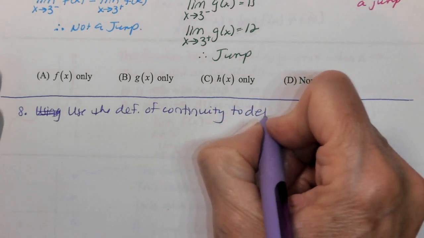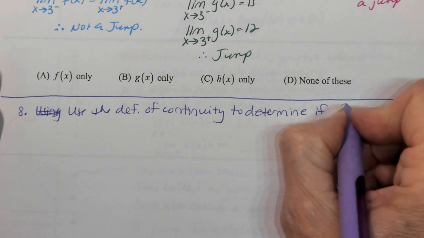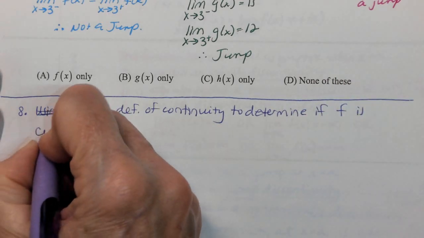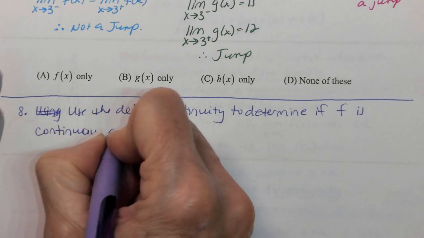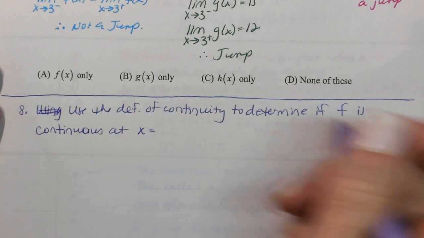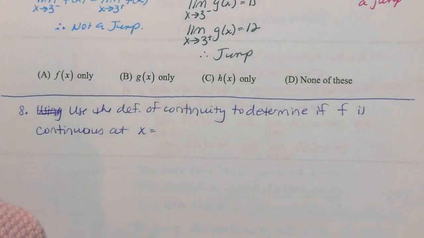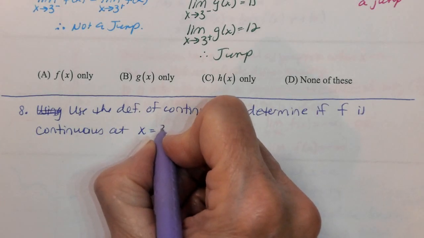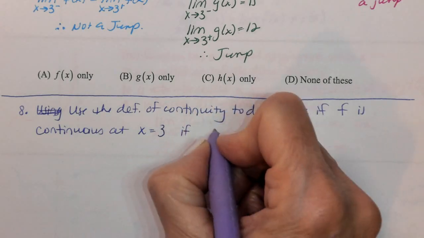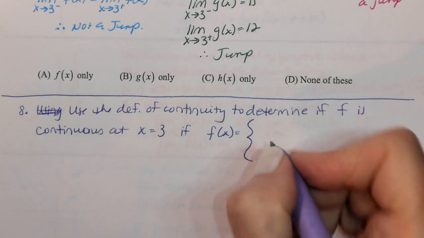to determine if f is continuous at x equals 3, if f of x is equal to this piecewise function.